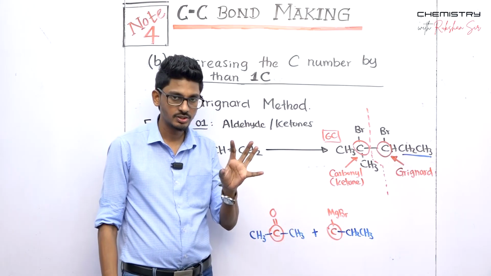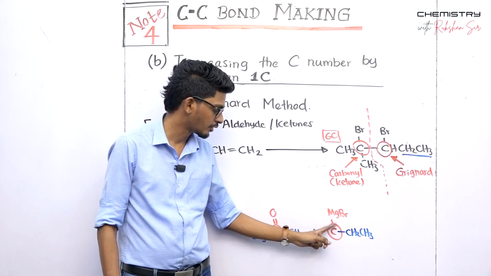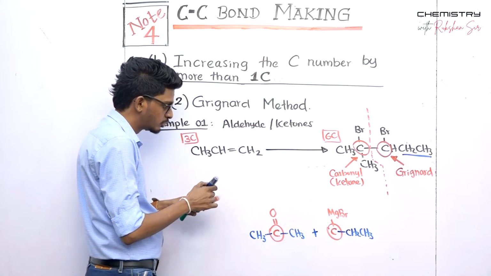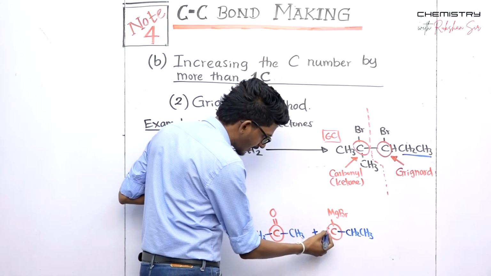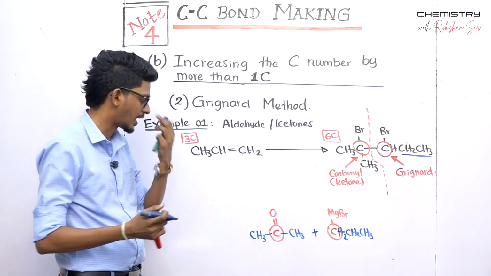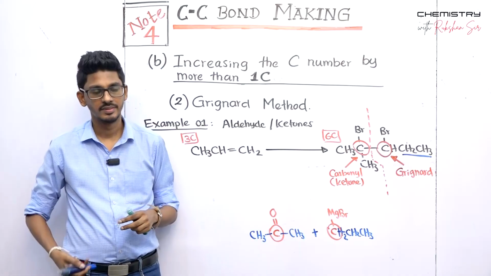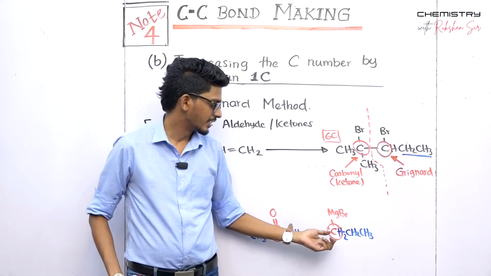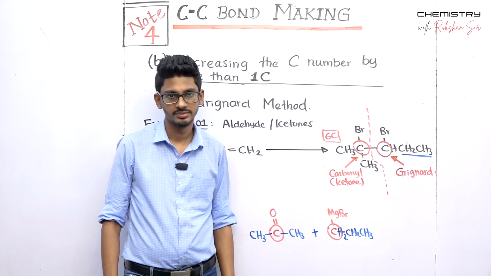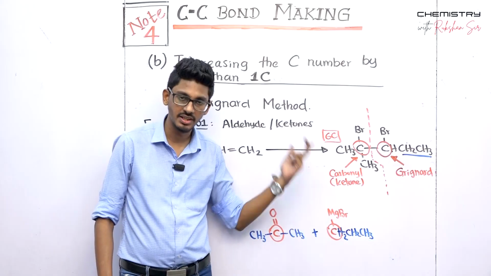For carbon, you should have 4 bonds. Only 2 bonds are there, so add 2 hydrogens there, to make it 4 bonds.